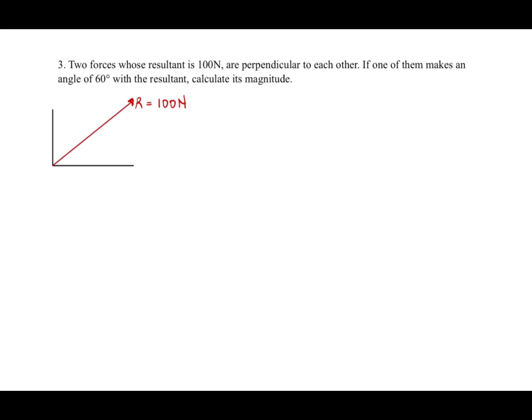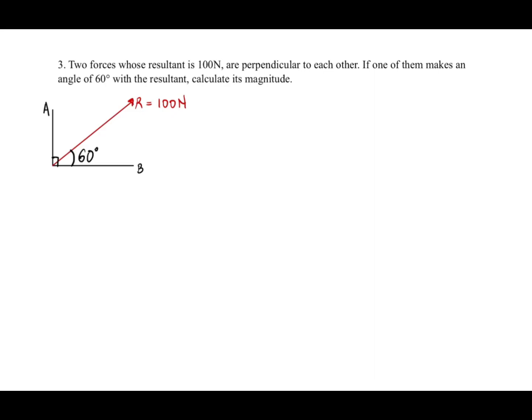We know that these two forces A and B are perpendicular, and the angle between one of the forces and the resultant, let's assume it's this one, is 60 degrees.